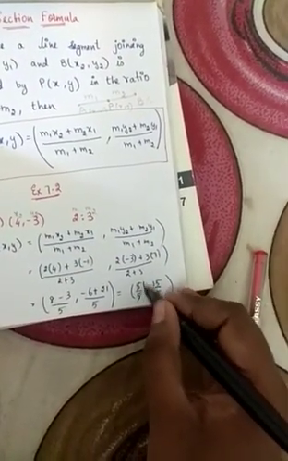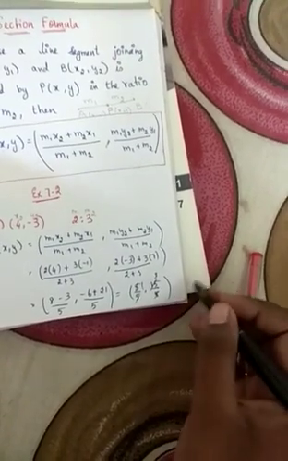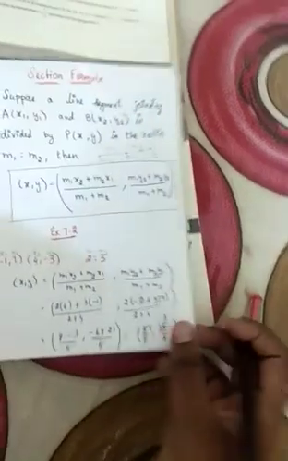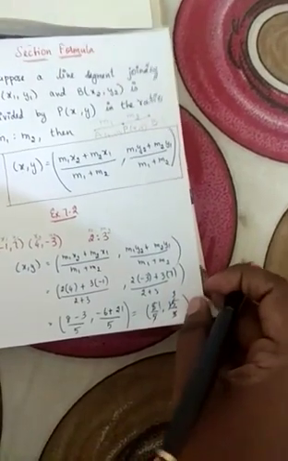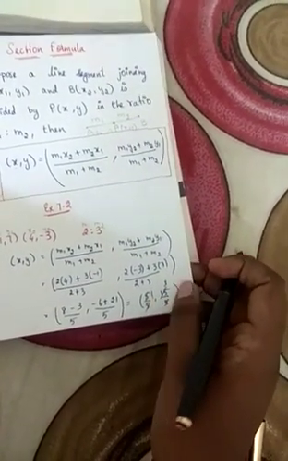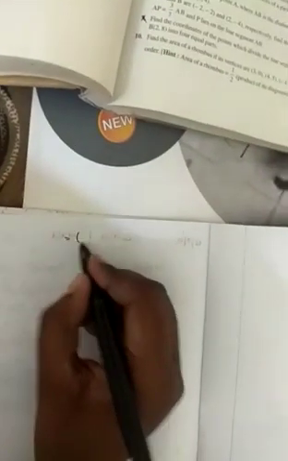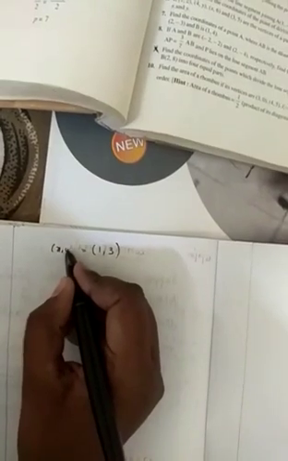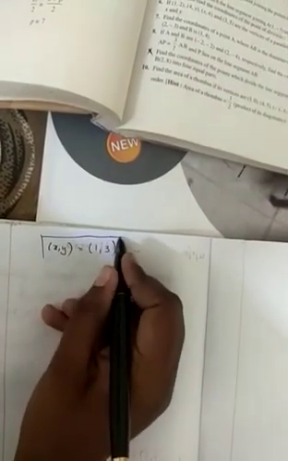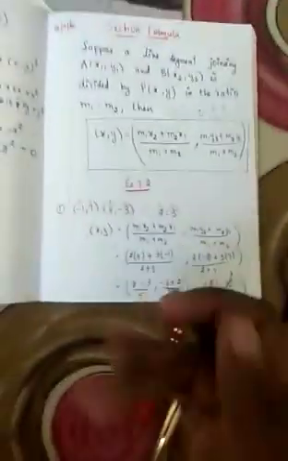So cancel, and the answer is (1, 3). This is (x, y). So if it is given like this, it is direct substitution into the formula.